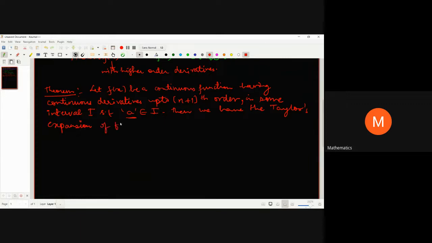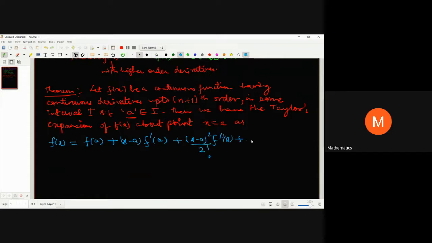the Taylor's expansion of the function f(x) about the point x = a as f(x) = f(a) + (x-a) f'(a) + (x-a)^2 f''(a)/2! + ... + (x-a)^n f^(n)(a)/n! + R_n(x).